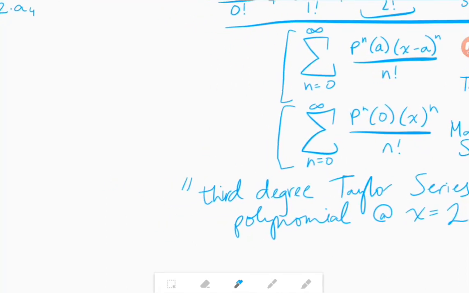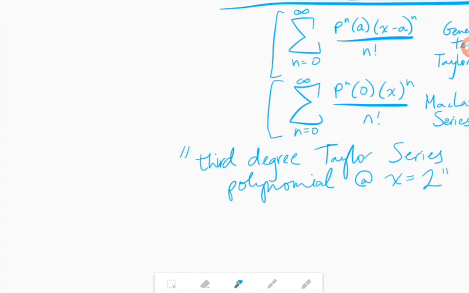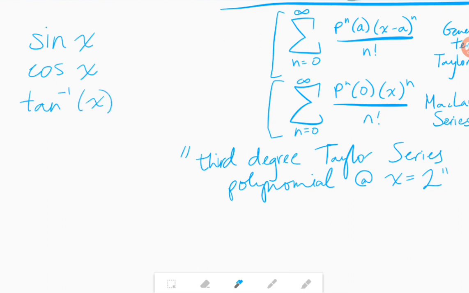As you continue on towards the later sections in this chapter, you're going to learn the Taylor series representations of very common functions, like sine of x, cosine of x, inverse tangent of x, e to the x, and ln of 1 plus x.